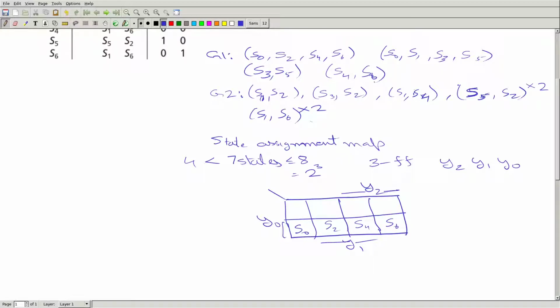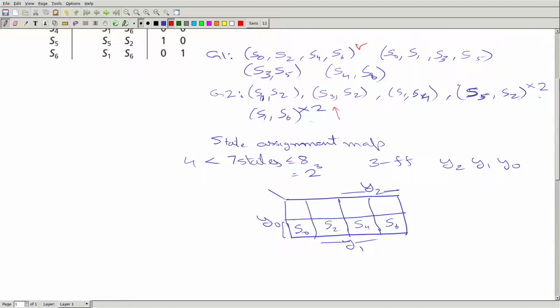We are trying to make as many groupings as possible by hit and trial, and we have satisfied this grouping because we can group all of these together in a K-map, and then we have these groups that occur more than once.